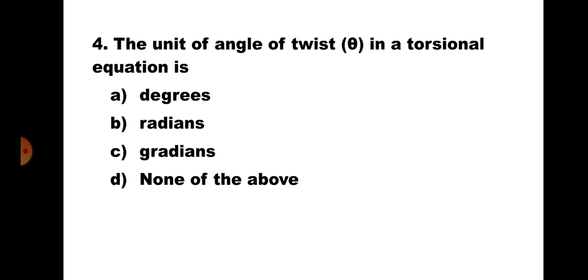Question number 4. The unit of angle of twist theta in a torsional equation is A. Degrees, B. Radians, C. Gradians and D. None of the above. Angle of twist theta in the equation of torsion, that is G theta upon L is equal to T upon IP is equal to tau upon R. Whenever you use theta in this equation, the unit of theta is always radians.